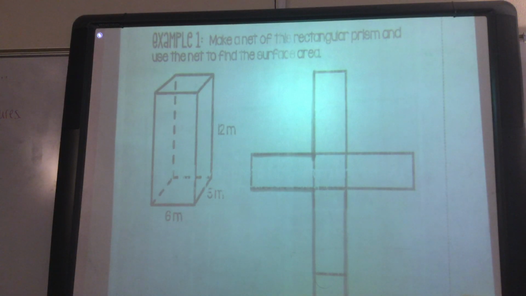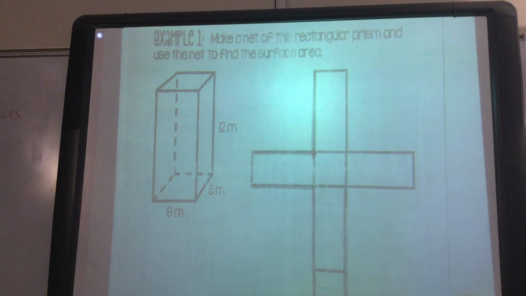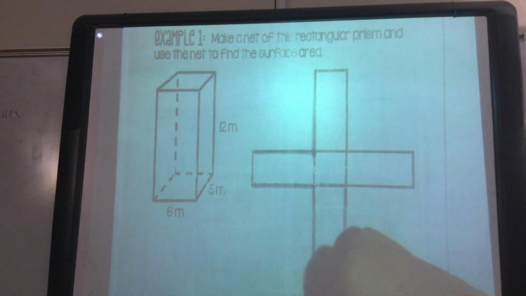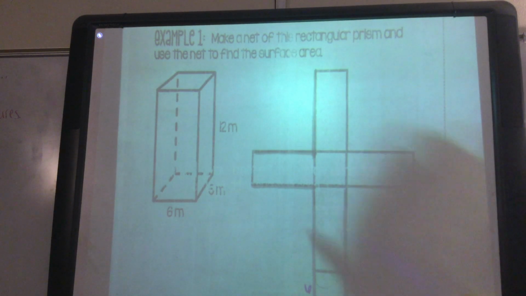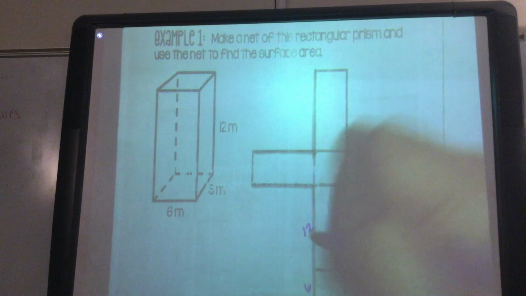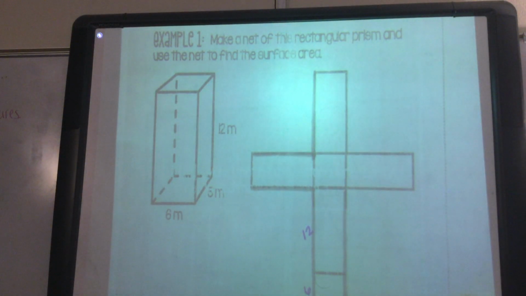If we start with the base on the bottom, we see that it is a 6 meter by 5 meter rectangle. So we're going to write those numbers in on the base inside the net. We're going to label one side 6, one side 5, and then we see the tall side is 12, so we're going to label that 12. All the corresponding sides would then match.